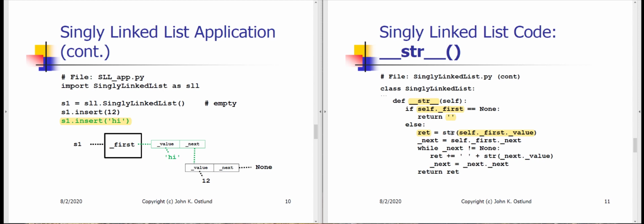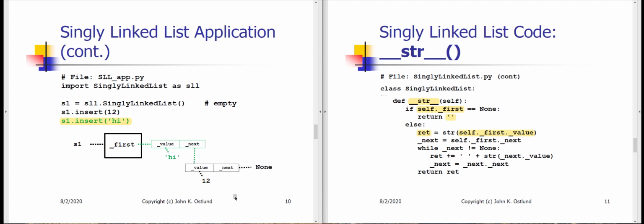Now, we need to do that conversion to str explicitly because although in this particular case, the first value is a str, so converting a str to a str doesn't really do anything. But notice that the next node has an int as its value. And so we definitely would need to convert that int into a str in order to build up this str representation of our singly linked list values.